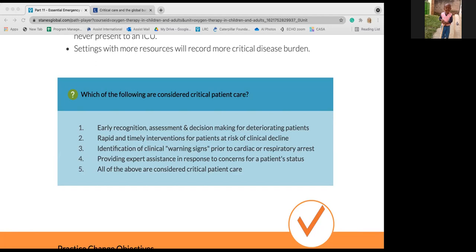Early recognition, assessment, decision making, deterioration. Deteriorating patient.